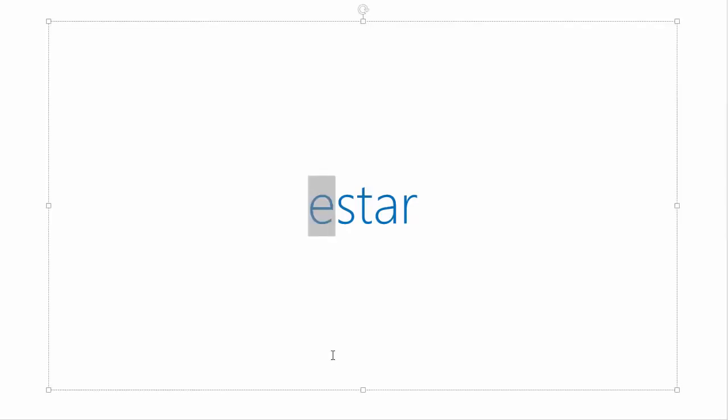The verb to be in Spanish is estar. We have e and star. So estar is the verb to be. And the word for here is aquí. We've come across that before. Aquí. How would you say to be here?